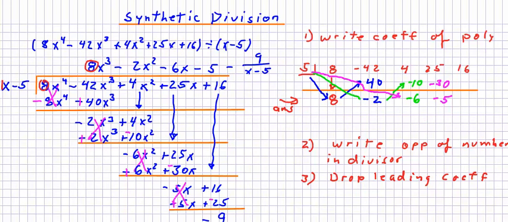The last one is going to be negative 9. I take my 5 times my negative 5 and I get negative 25, add it to this 16, and I get a negative 9. This is my remainder.